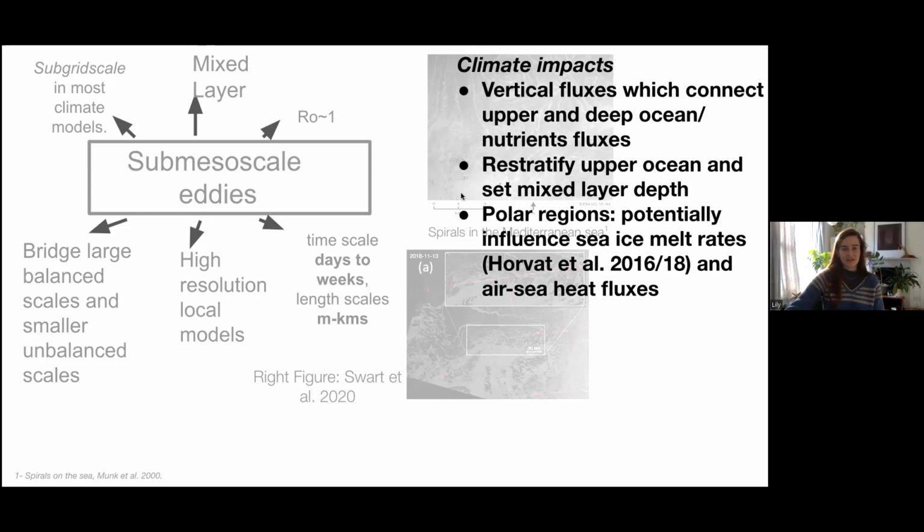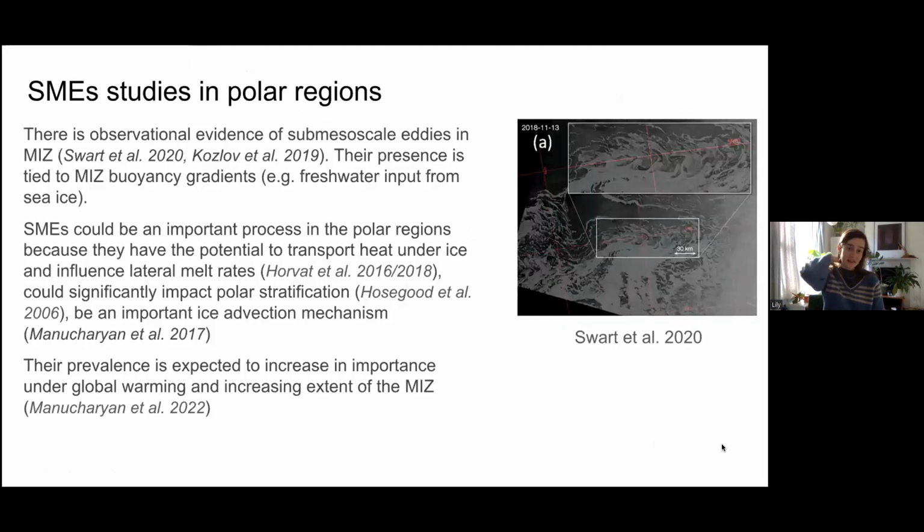So the next slide goes a bit more into these studies of submesoscale eddies in polar regions. There have been a few observational campaigns, for example in the Southern Ocean. On the right here you have a satellite image, where you can see maybe the traces of these eddies at the edge of the sea ice, depicted by the sea ice.